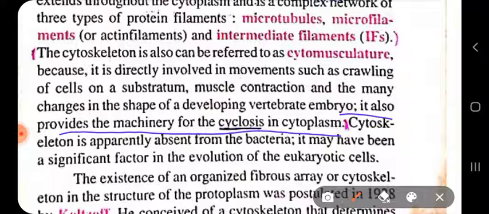And why does this type of movement occur inside the cytoplasm with the help of cytoskeletal proteins? To speed up the transport of the molecules and the organelles around the cell.